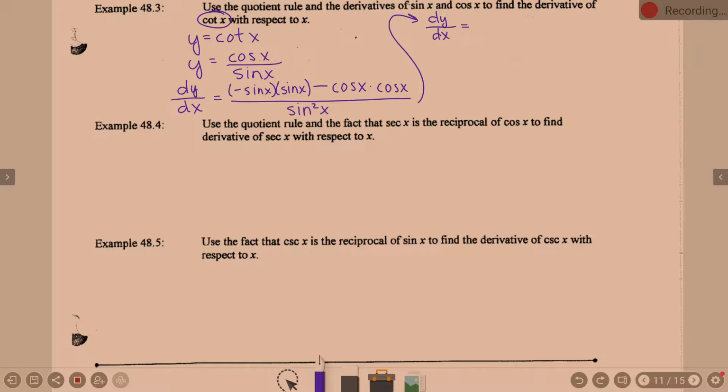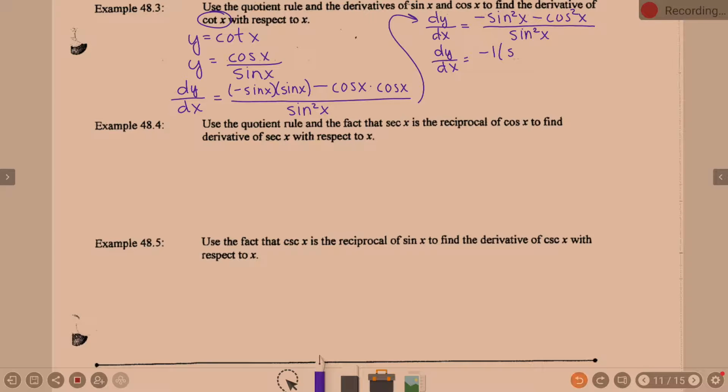Okay, what about that numerator? Negative sine x times sine x is going to be negative sine squared x minus cosine squared x, all over sine squared x. What do we have to do with that numerator this time? Factor out negative, because if you factor out a negative, then it'll be similar to last time, right?